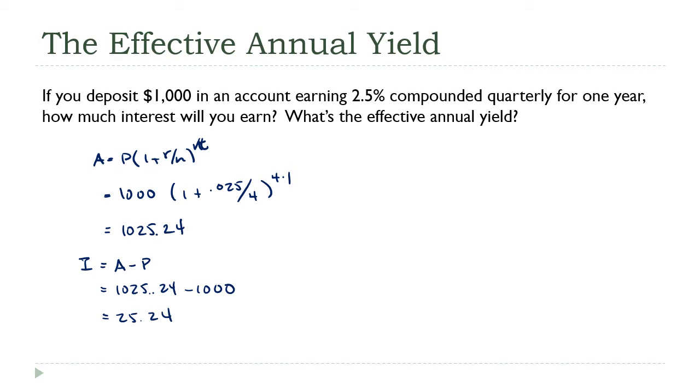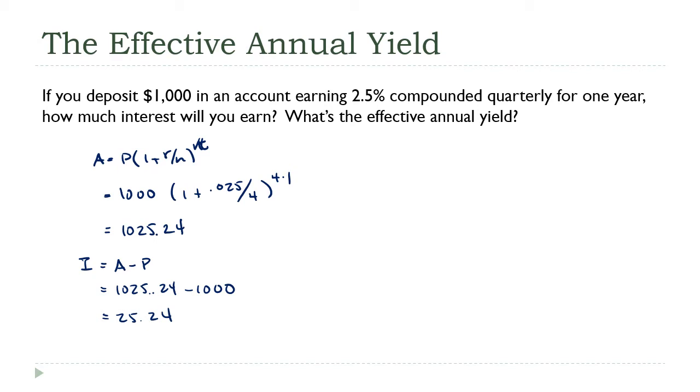All right, so now, what is the effective annual yield? Well, that's the interest earned in 1 year as a percentage. Right, and how do we calculate a percentage? Well, we take the interest and we divide it by the initial investment, right?